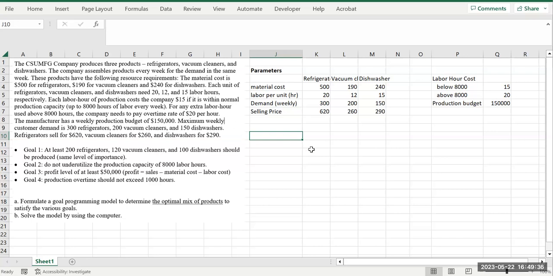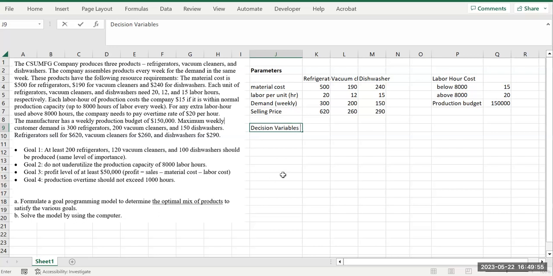First of all, let's figure out what the decision variables are here. Decision variables are the amount of production. That's what we want to determine. If you look at the question, it says formulate a goal programming model to determine the optimal mix of products to satisfy the various goals.